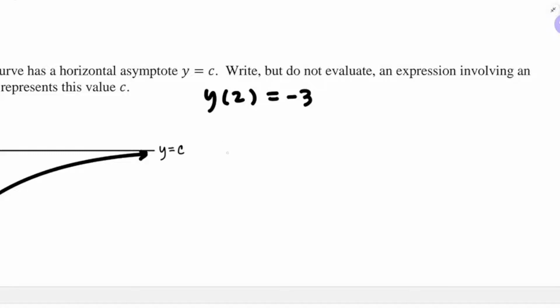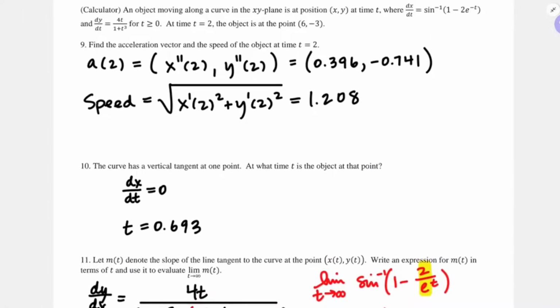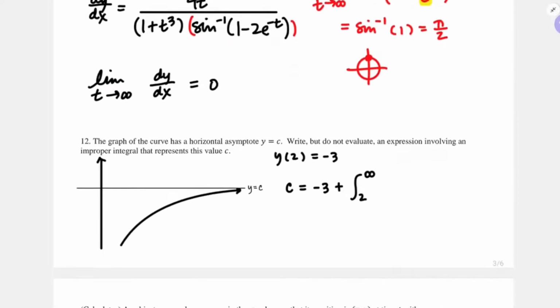I'm going to say c, which is what we're looking for, is going to equal negative 3 plus the integral from time t equals 2 towards infinity of y prime. Now you could call it y prime, I called it dy dt, but 4t over 1 plus t cubed.